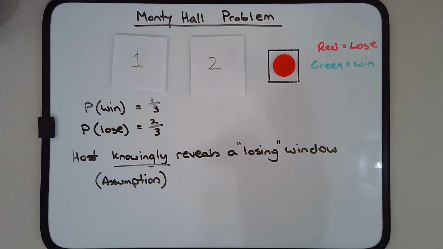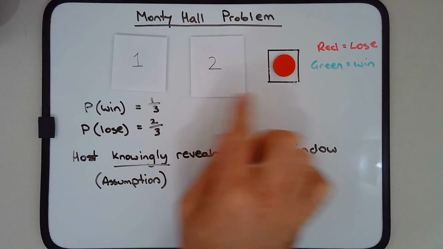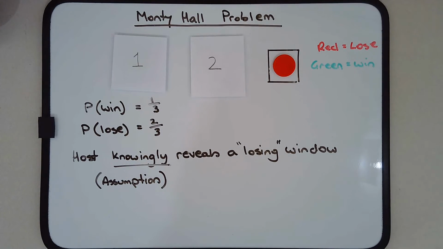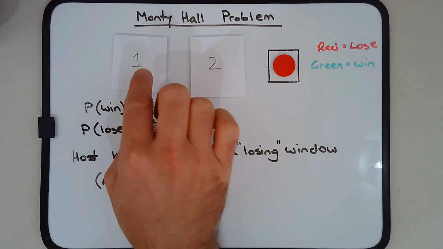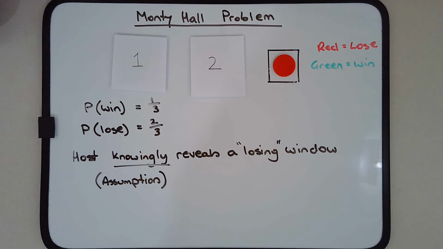But the theory that I'm going to talk about assumes that the host knows what is behind the remaining 2 windows, and the host knowingly will not reveal the winning window. The host will pick one of the losing windows to reveal. So the question is, do I switch? In other words, do I pick, for example, window number 2, or do I remain with my current choice to maximize my chance of winning?